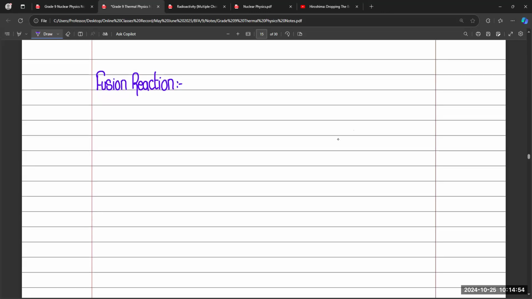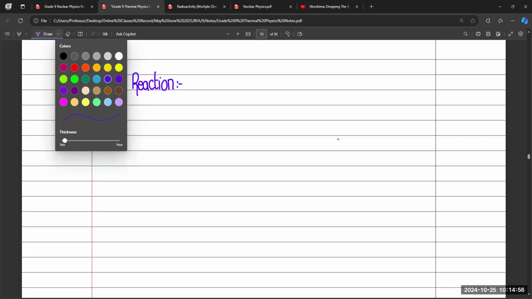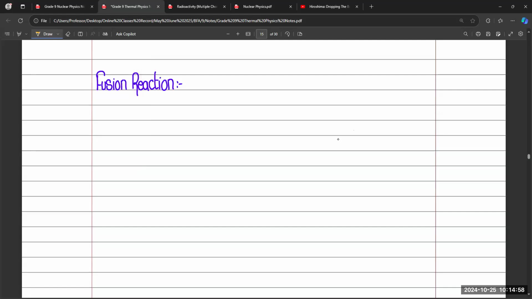So basically, the name fusion is taken from the word fuse, and in simple words, we can say the meaning of fuse is to join, right? So this is the concept of fusion reaction.